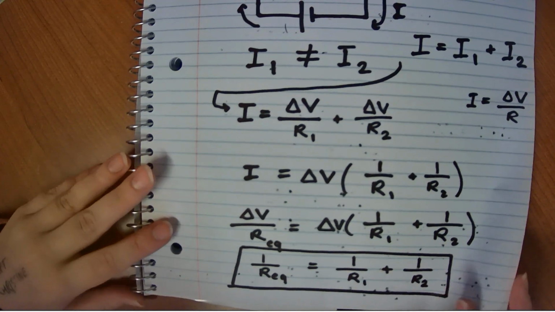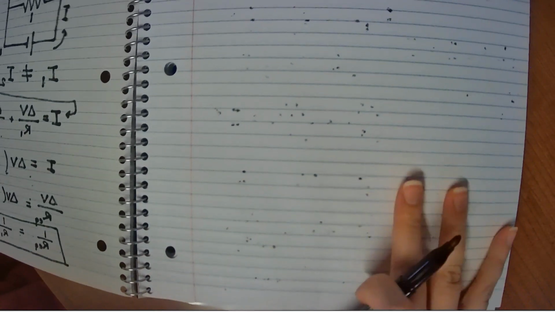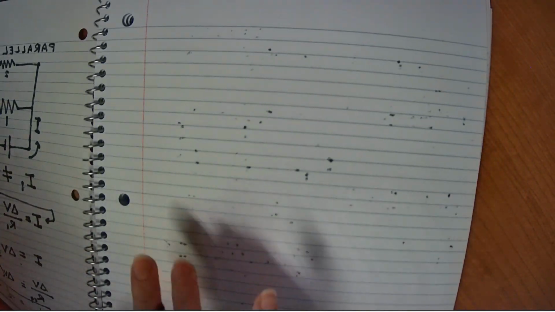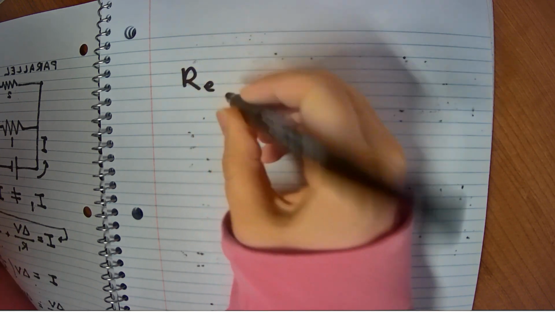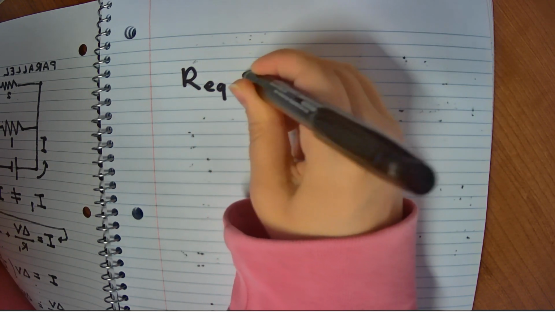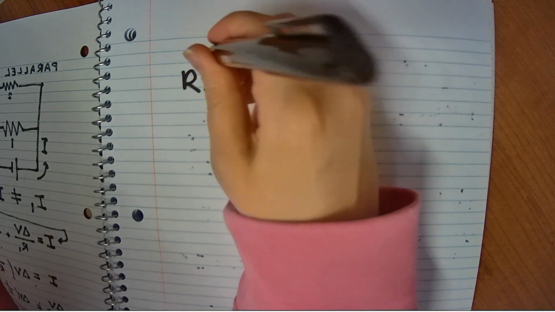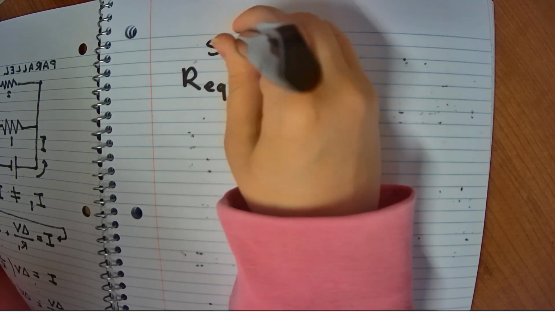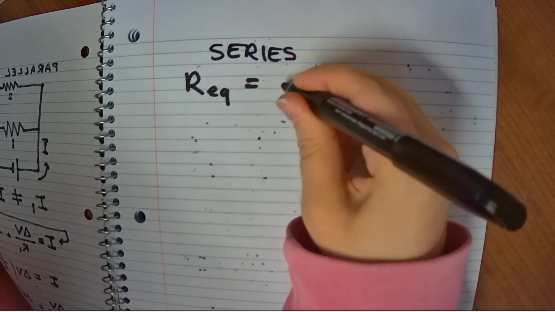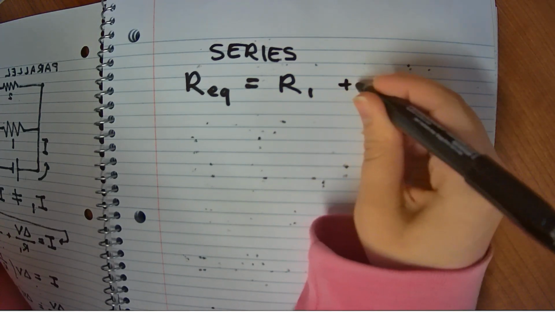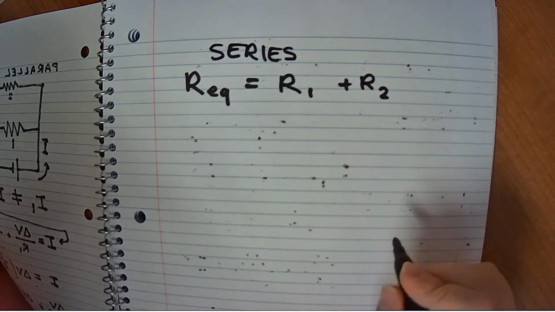So, what did we learn? We learned that the R equivalent of resistors in series is R1 plus R2.